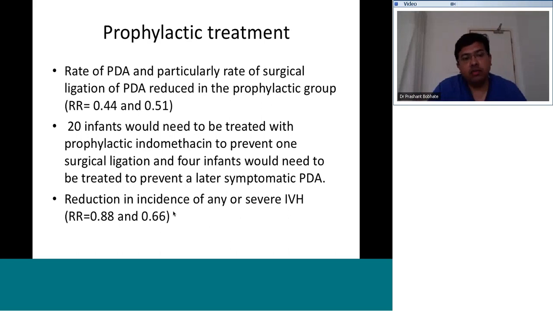However, we need to treat 20 infants with prophylactic indomethacin to prevent one surgical ligation and treat 4 infants to prevent a later symptomatic PDA. The reduction of any or severe IVH was significantly there in patients who were treated early, with a relative risk of 0.88 and 0.66.